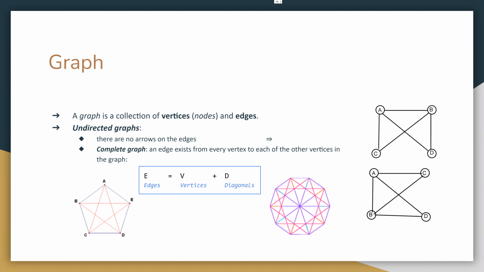And then you've got 4 nodes, 4 vertices plus 2 diagonals, 6. So with all complete graphs, that is always true.